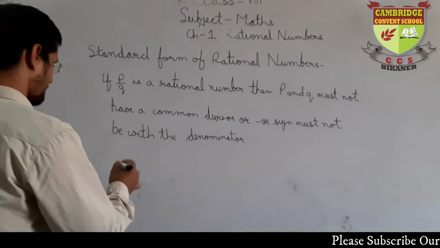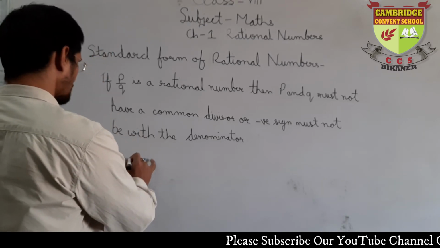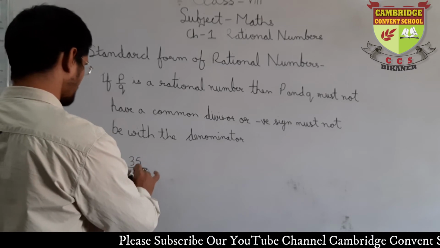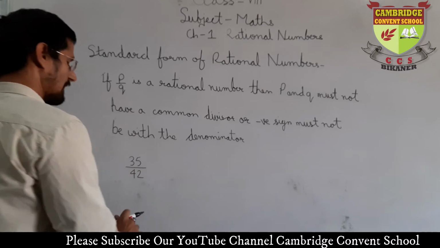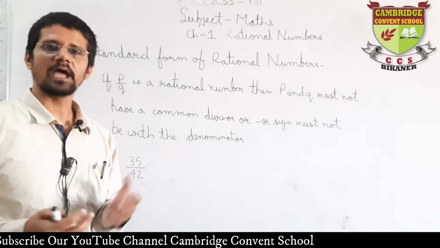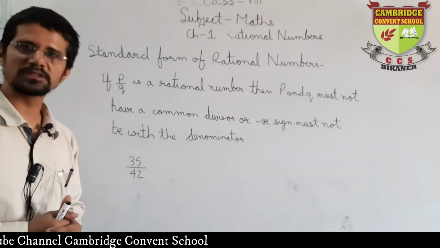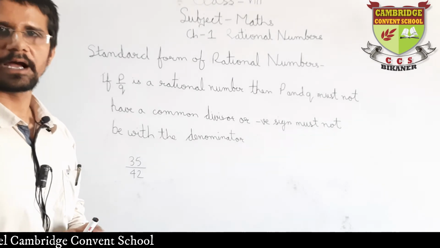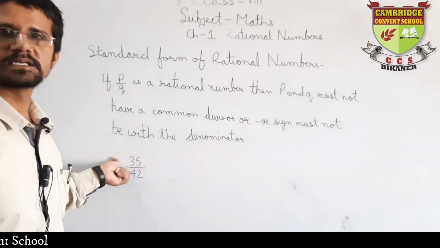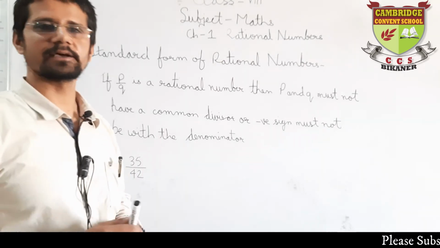To find the standard form, what do we have to do? Let's find the standard form of 35 upon 42. We have to divide both the numerator and denominator of the rational number by the same divisor, or their HCF.